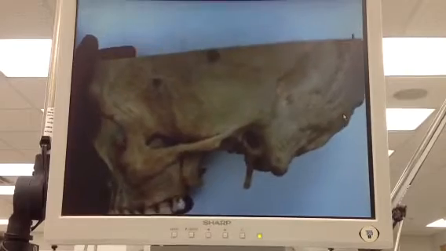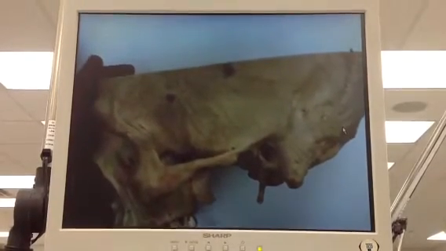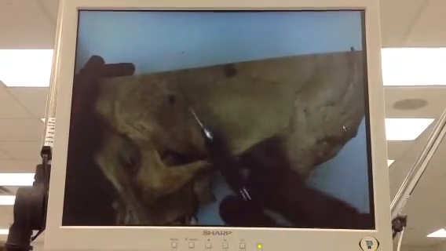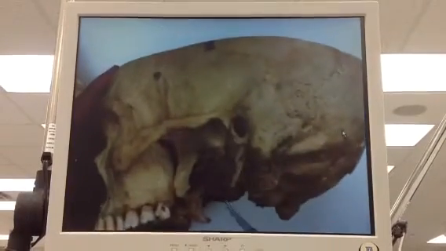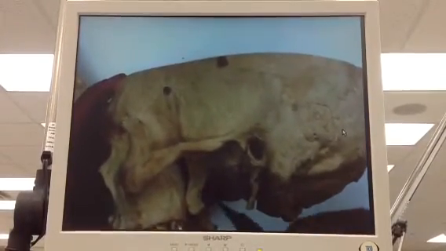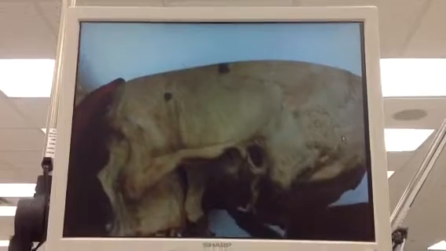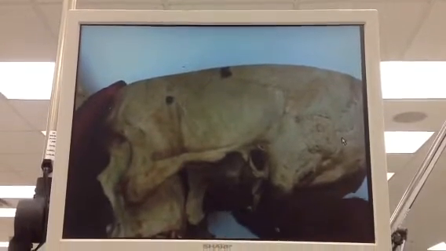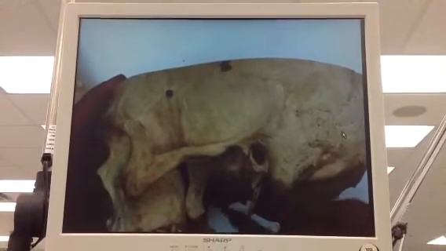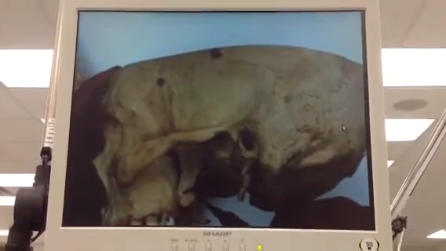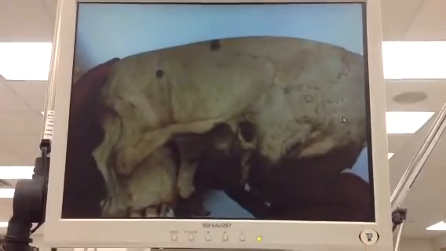this guy. So we've already done masseter, temporalis. So if we come down here, here is the lateral pterygoid plate. So the lateral surface of the lateral pterygoid plate is the origin of the inferior head of the lateral pterygoid muscle.